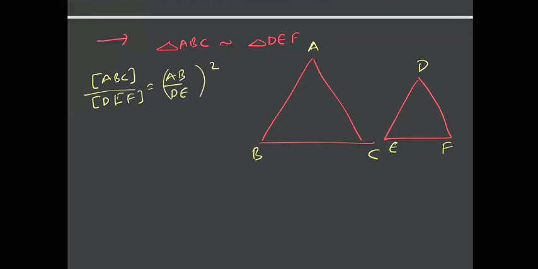So it is AB over DE whole square, or you can write it as AC over DF whole square, or you can write it as BC over EF whole square. Okay, provided these angles are equal, right?